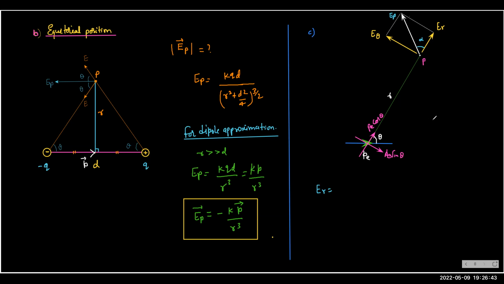So P cos theta will create how much field? What is the E r value? Is it 2 K P cos theta by R cube? Excellent, very good. And what will be the E theta value? K P sin theta by R cube. Excellent, very good.